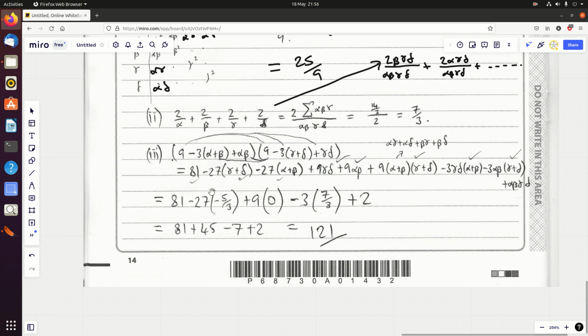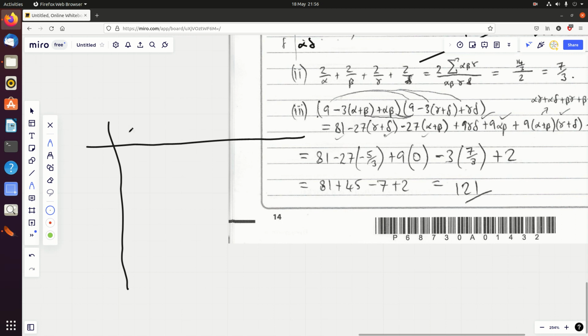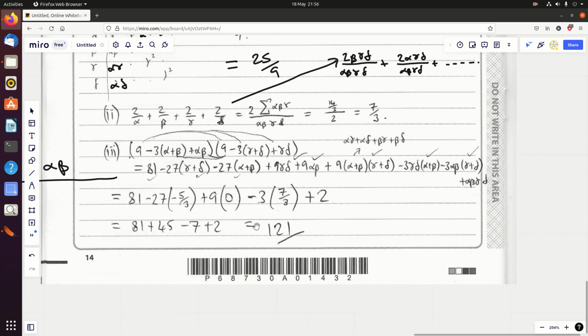Can I make a suggestion here? If you're going to do this, do it in a giant grid like that. That's going to make things a lot easier for you. To be honest, the screen's not very good for me doing this neatly. And you really do need to be quite neat on these questions, or you can end up making a mistake. But if you do it in a big grid, really neat, you should get all of these terms here.